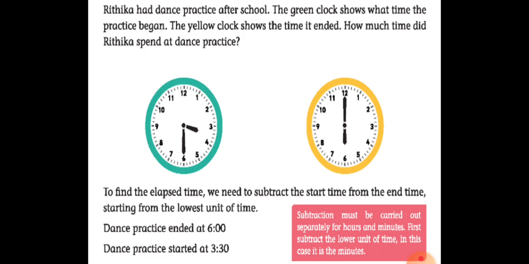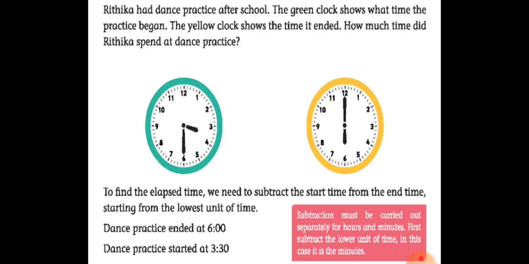So 6 minus 3 is 3 and 5 minus 3 is 2. So it is 2 hours 30 minutes. So totally she has practiced for 2 hours and 30 minutes. Since 30 cannot be subtracted from 0, we borrowed from a higher unit.